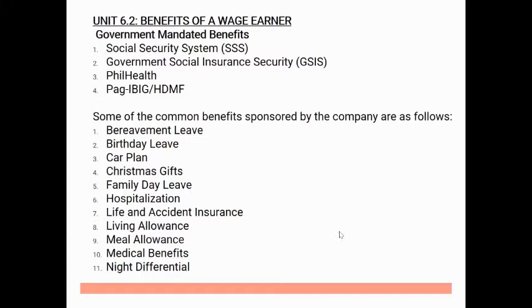PhilHealth is a program focused on giving priority to health for both government and private institutions. Some of the benefits covered by being a member of PhilHealth are inpatient coverage, for example, room, drugs and medicine, laboratories, operating room, and professional fees for confinements.